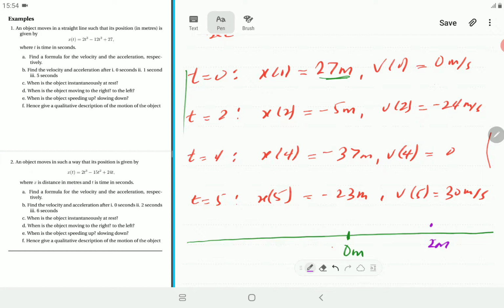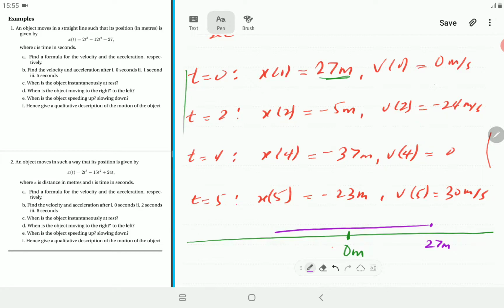Then it starts moving, speeding up to the left. So it starts from rest and moves to the left.